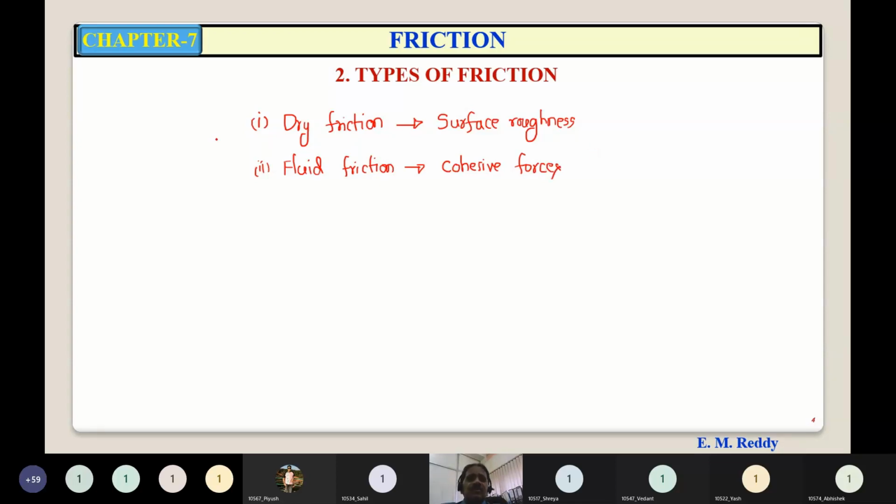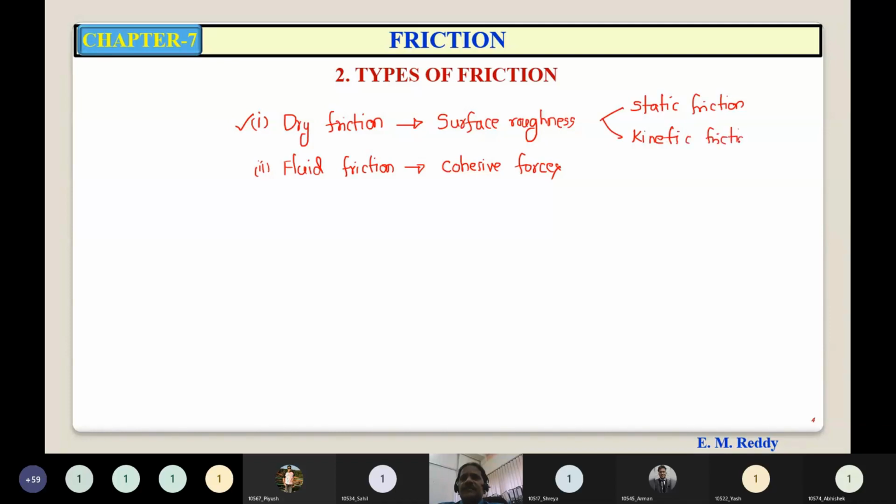But in this topic, we are going to study only dry friction. In dry friction, further there are two types: static friction and kinetic friction.